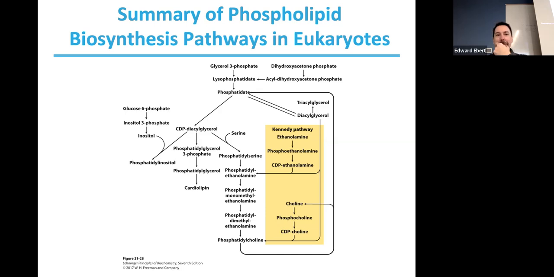So basically, for our phospholipid biosynthesis, the only thing I want you to be able to do is look at this pathway and say, okay, if I want to make phosphatidylserine, I can start with a phosphatidic acid of some type, go to this CDP diacylglycerol, and then put a serine in there to release the CMP and give me phosphatidylserine.